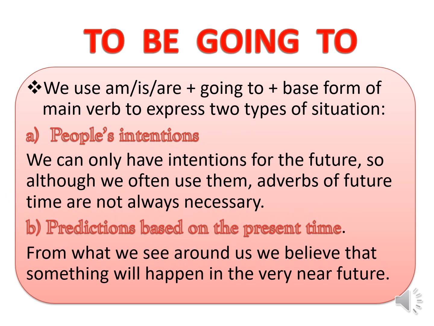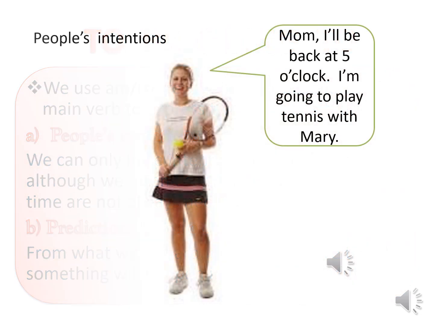And B, predictions based on the present time, which we usually call the evidence, which has to be strong evidence in the present time to use the to be going to form. From what we see around us, we believe that something will happen in the very near future.